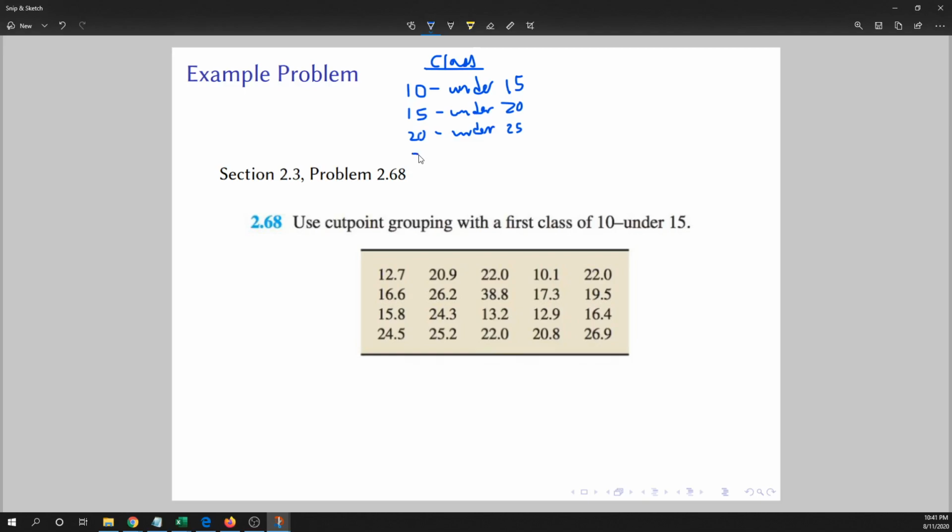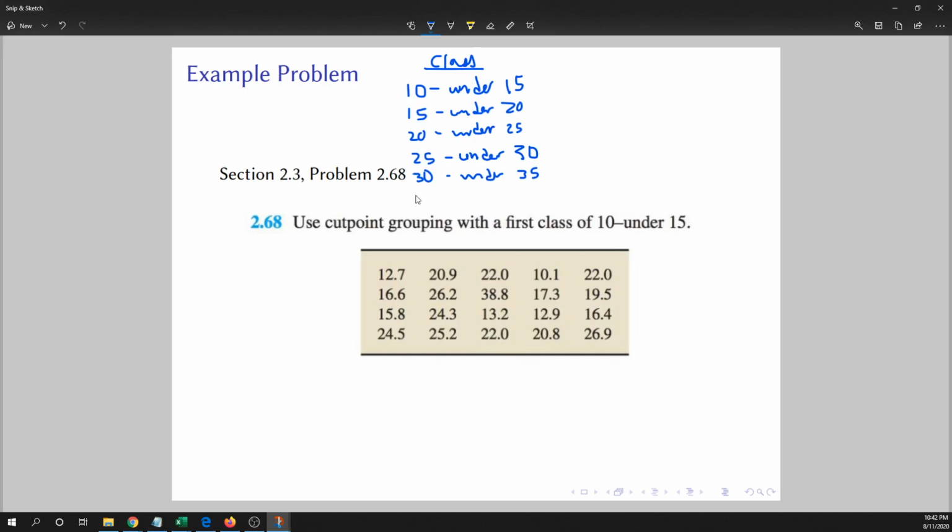So 25 right under 30. The next one would be 30 under 35.